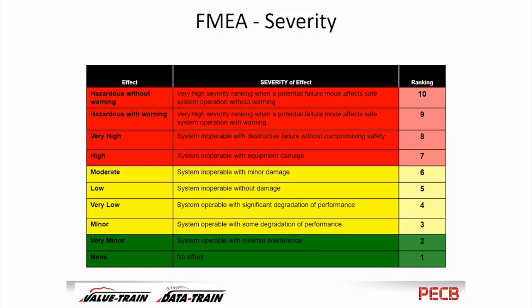But in the middle, we have a sentence or a couple of sentences of information which describe what a 10 should be. So if you see a 1, it has no effect at all, right? A 2 is everything can still work, but there might be some minimal irritating interference, right? So what's a 10? It affects the safe operation of the system without warning, right?